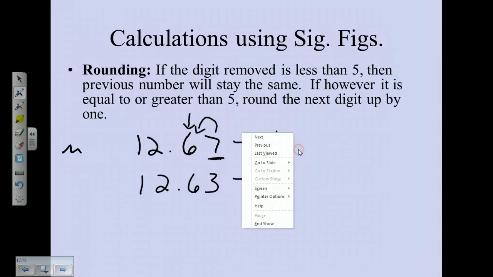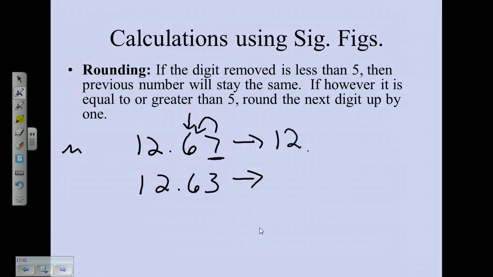So our answer is going to be 12.7. Conversely, if we look down here, this digit is less than 5, so we're going to leave the digit preceding it the same. So the answer is going to be 12.6.